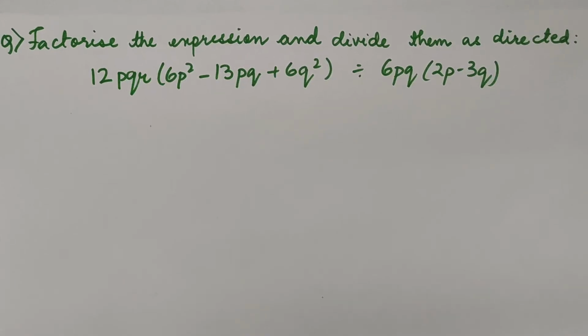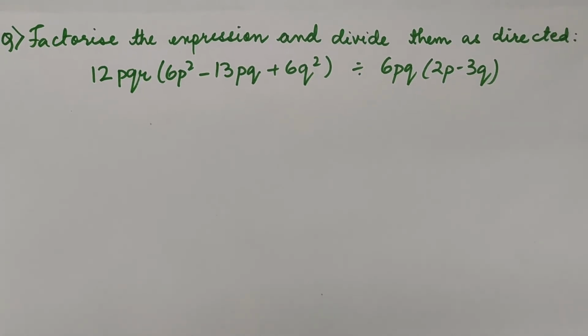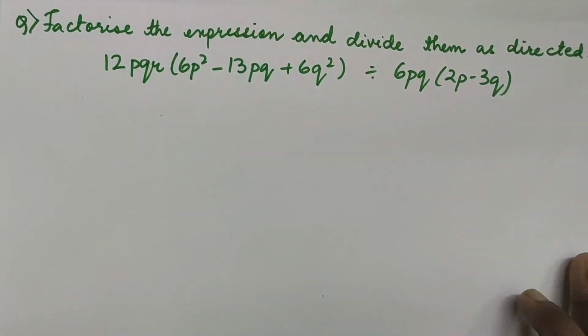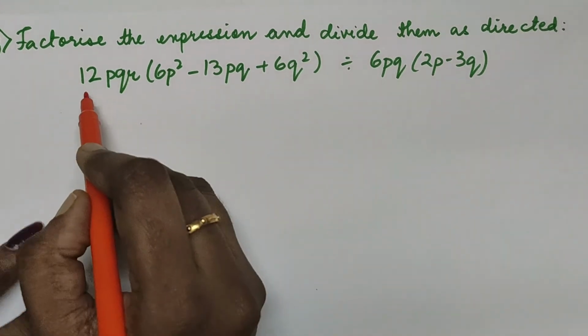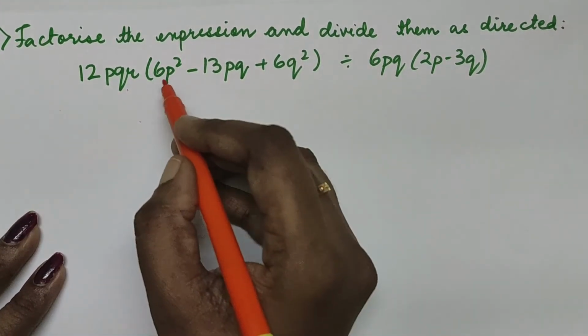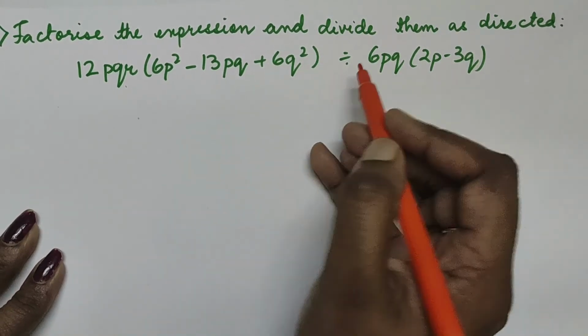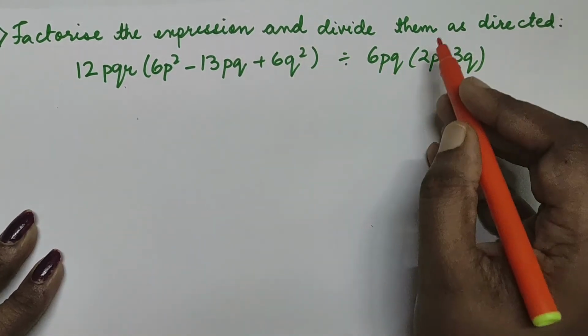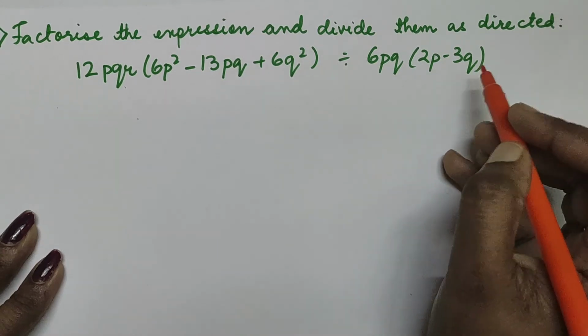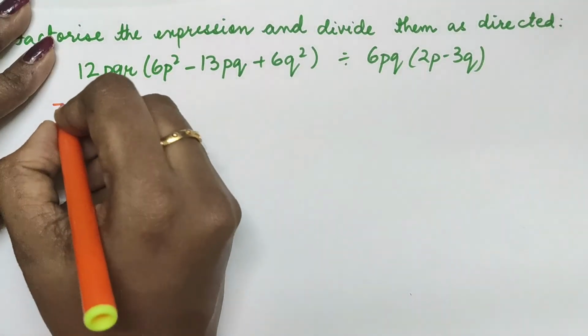Let us do the next question, which is: factorize the expression and divide as directed. Our question is 12pq bracket 6p square minus 13pq plus 6q square whole divided by 6pq into 2p minus 3q. So first let me write it in this form.